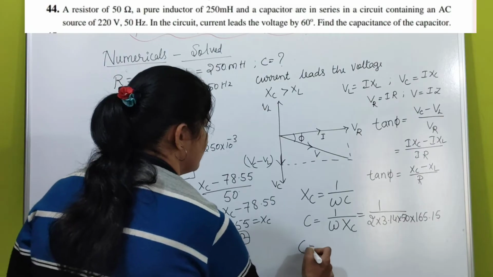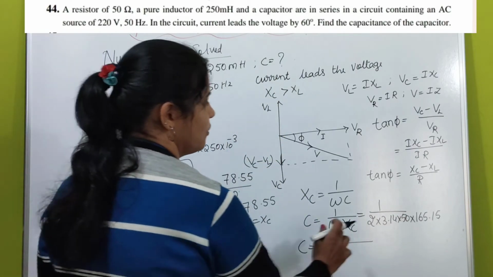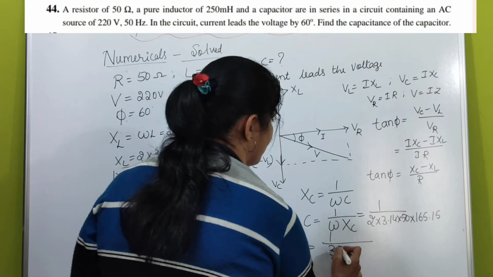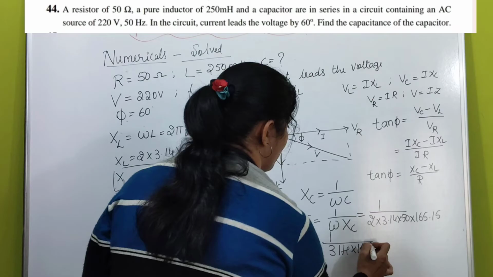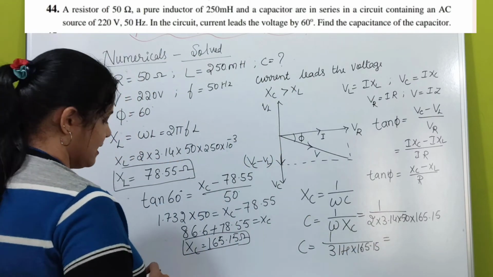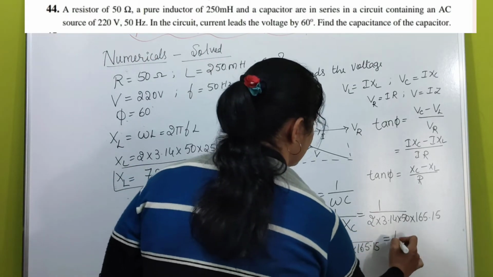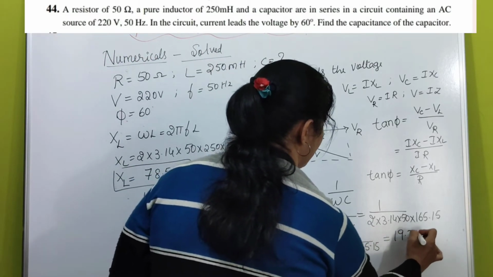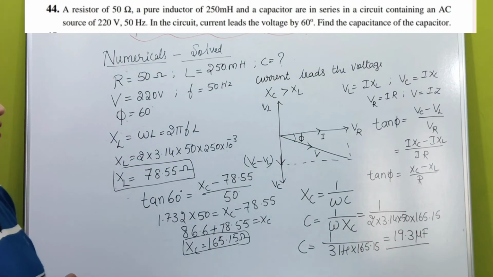Now multiply: 2 into 50 is 100, 100 into 3.14 is 314, into 165.15. Multiply these two numbers and take the reciprocal. So you will come to know that C is 19.3 microfarad. So this is the answer.